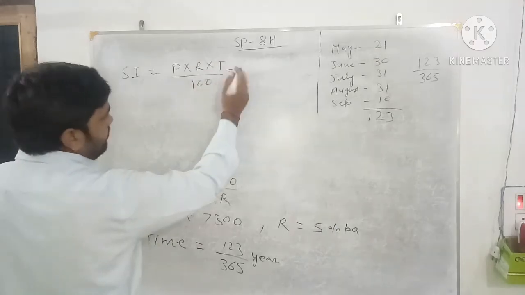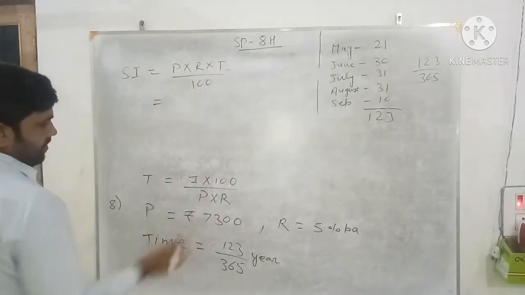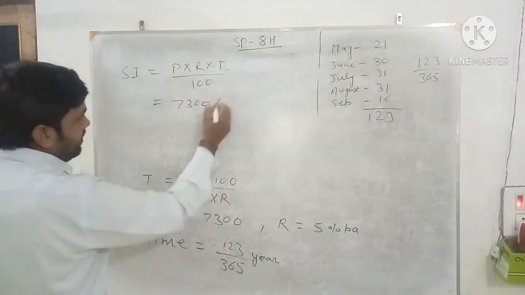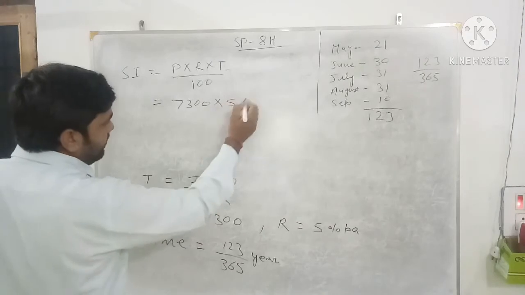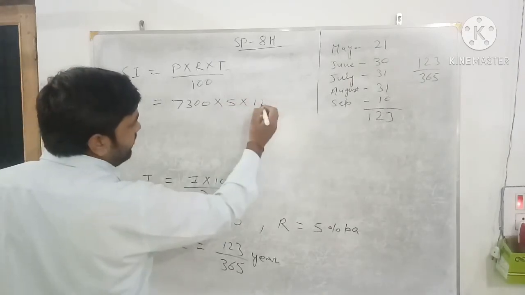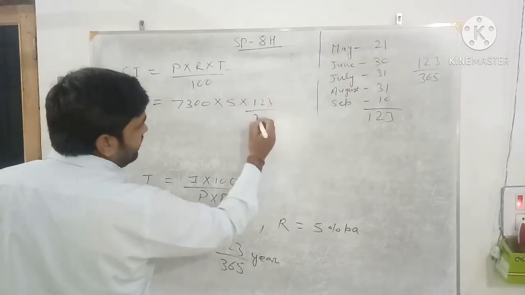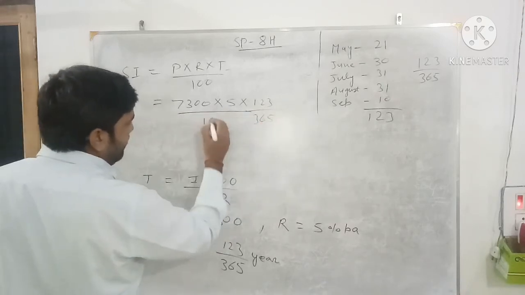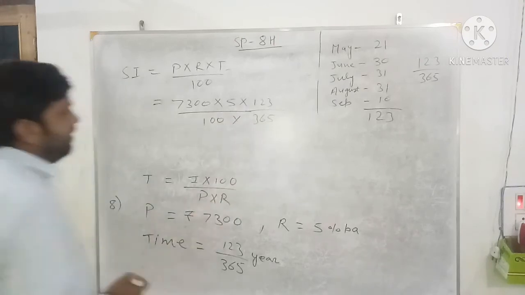The principal money is 7,300, rate 5%, time 123 by 365, upon 100.